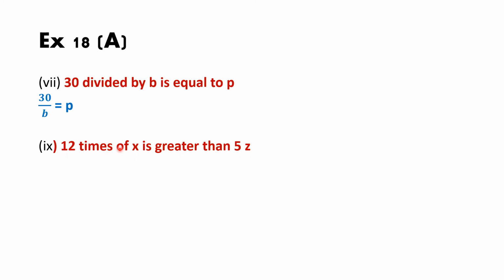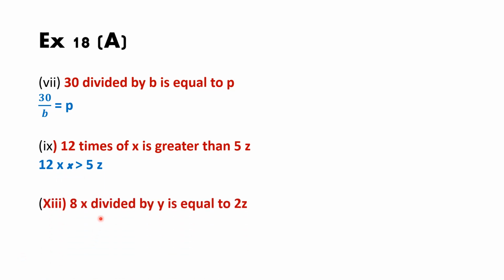So 12 times x, how will you write? 12 times x is greater than 5z. I have put the symbol of greater than. So 12 into x is greater than 5z. Next, 8x divided by y is equal to 2z. So how will I write it? 8x by y is equal to 2z.